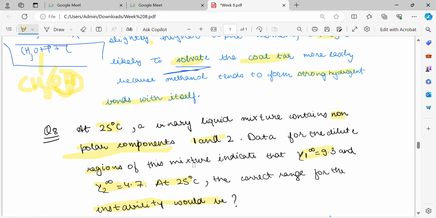Data for the dilute regions of this mixture indicate that gamma 1 infinity equals 9.3 and gamma 2 infinity equals 4.7. At 25 degrees Celsius, it is asking for the correct range for the instability.